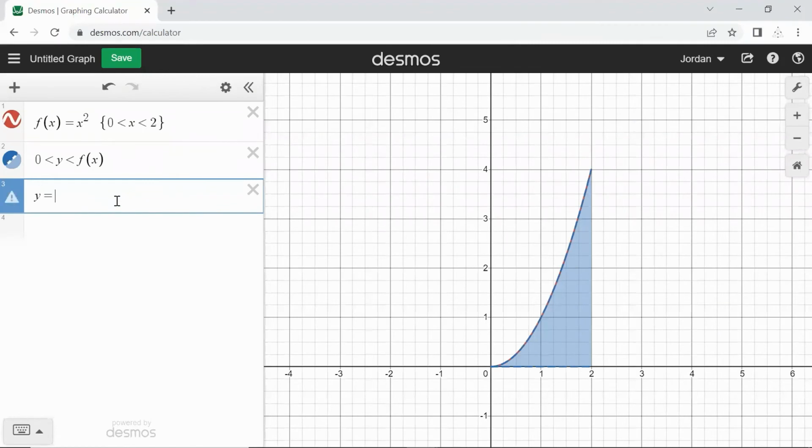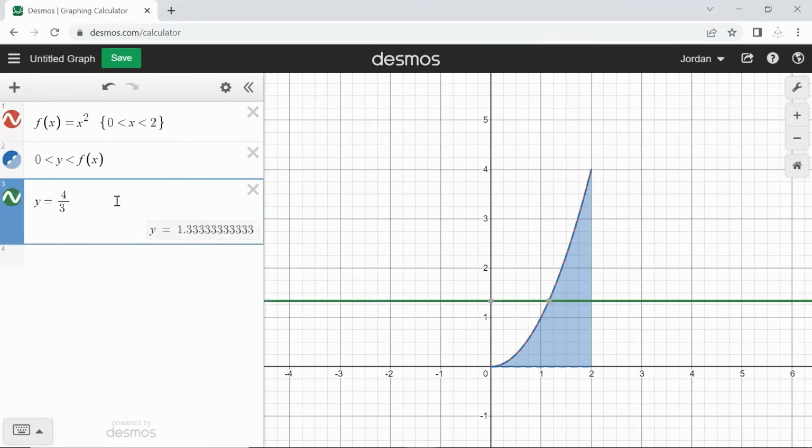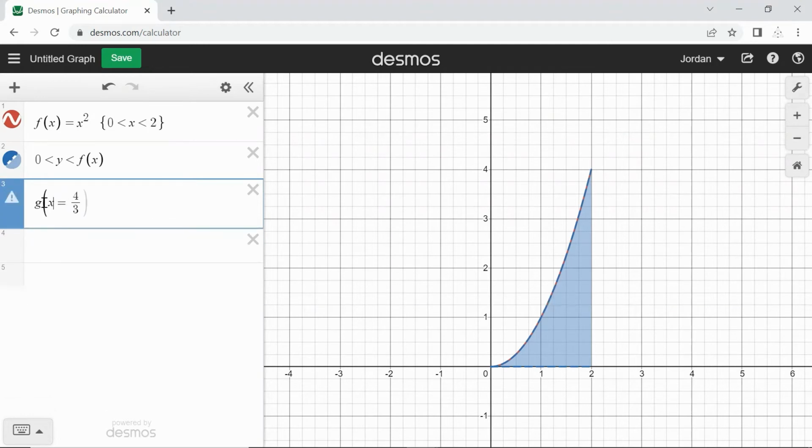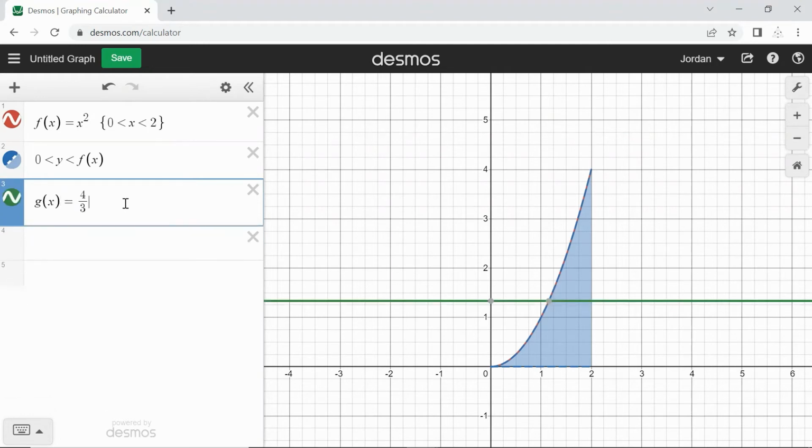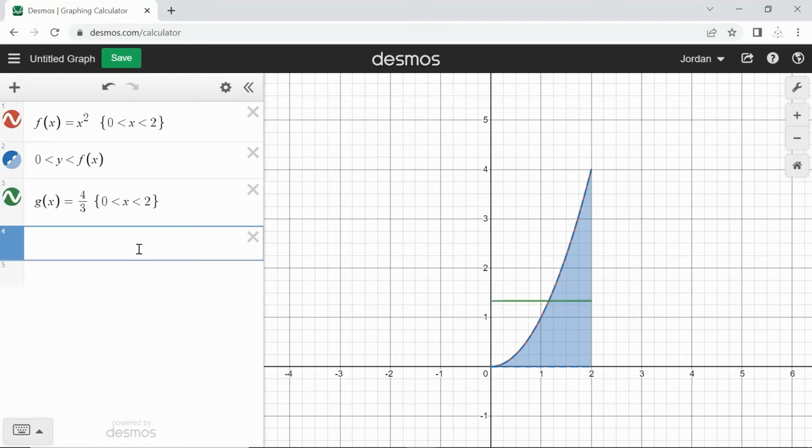What that means is if I take y equals 4/3 and I look at that, actually let's call this g of x equals 4/3. And let's focus between 0 and 2. And then let's look at the area underneath.